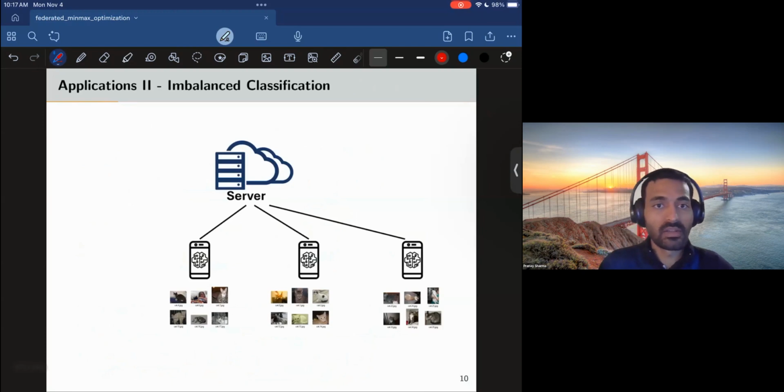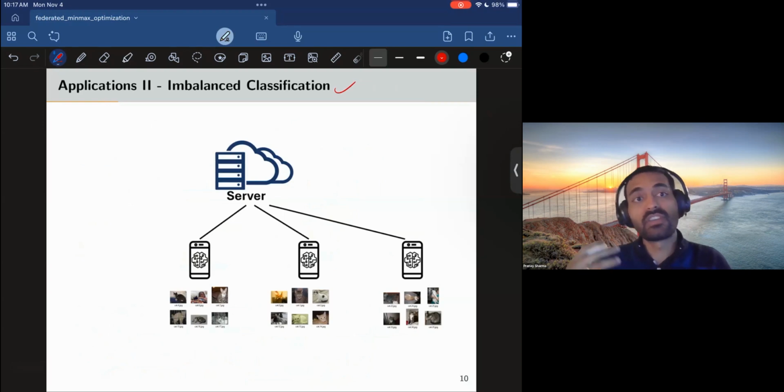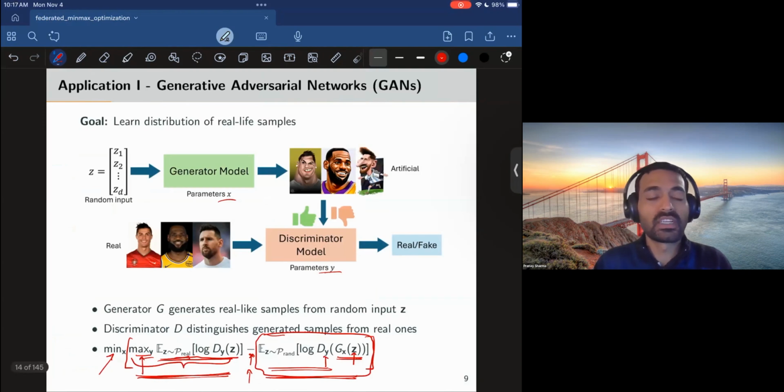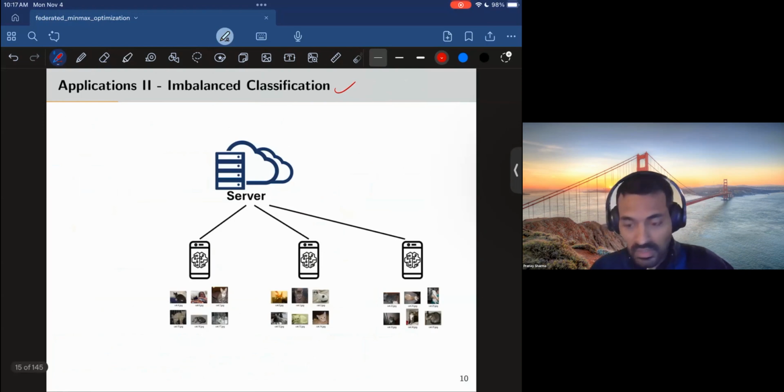Okay, now let's look at another problem which we discussed, that of imbalanced classification. But here, let's see what happens when we go to the federated setting. In the previous example, we didn't talk about federated learning at all. So suppose we have a server, we have a bunch of clients, and all of them have some local data, right?